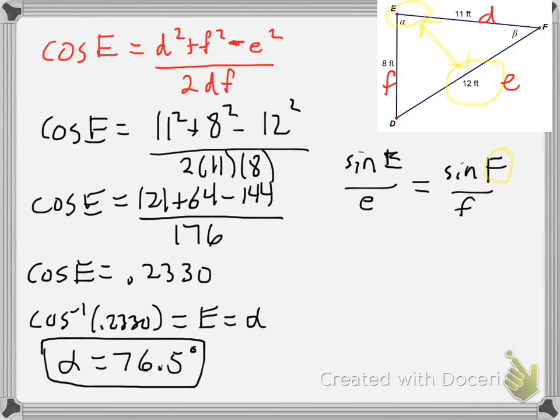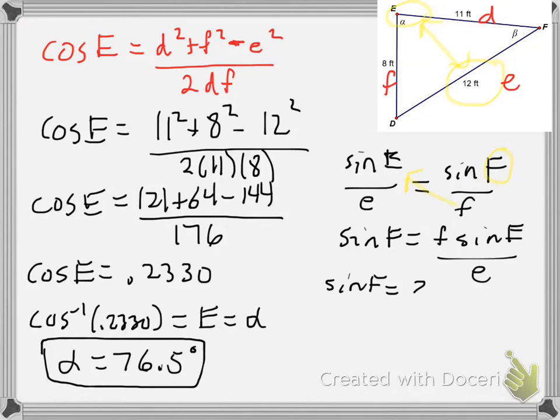So I want to get sine F by itself. So once I do this cross multiplying, I'm going to bring that up, really is what I'm going to do. So when I write this out, after all the cross multiplying, this is what's going to happen. I can get the sine of F equals, and we'll just put some numbers in there and chug away.